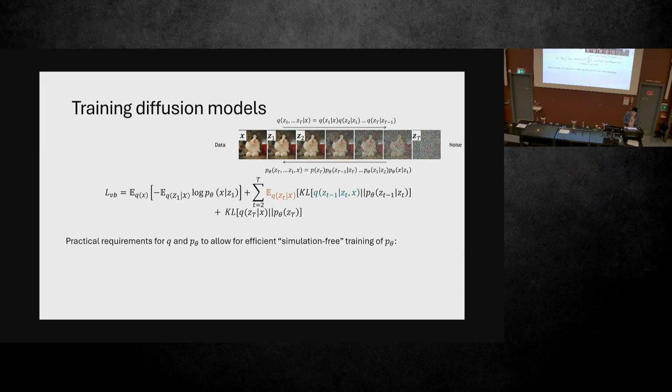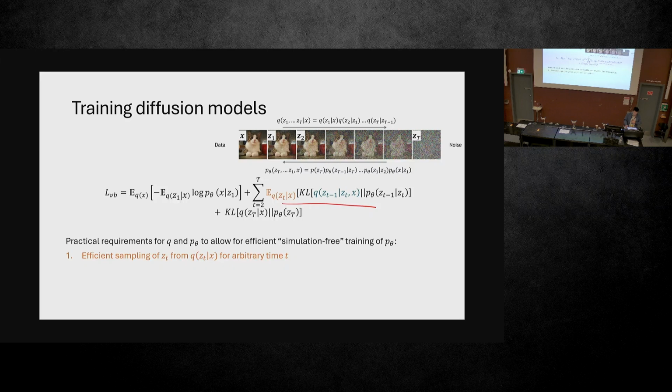For practical training of this model, the term in between scales linearly in the number of layers. We want to be able to perform simulation-free inference, and that's the trick that allows us to train this model in constant time, compared to a deep VAE. At the beginning I said that in the deep VAE, as we have more and more layers, we have more and more terms in the loss function, and that doesn't scale well.